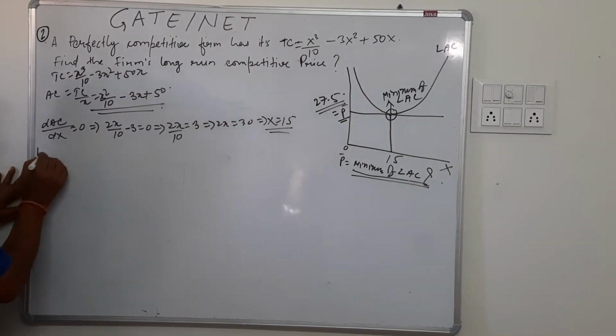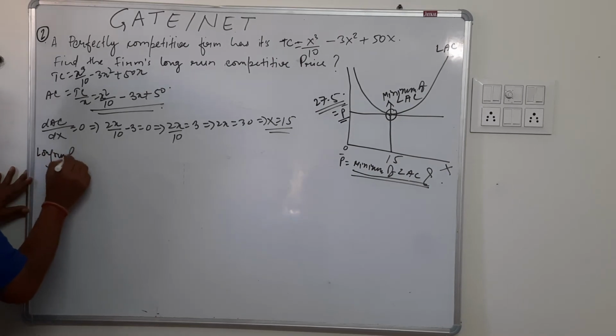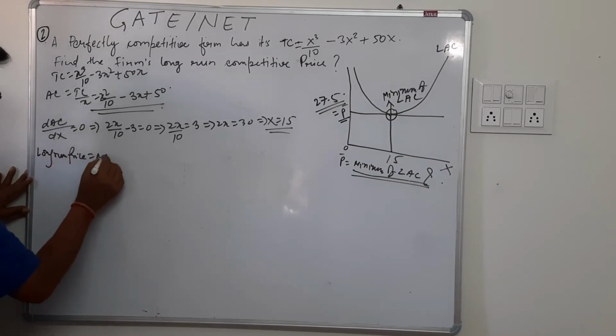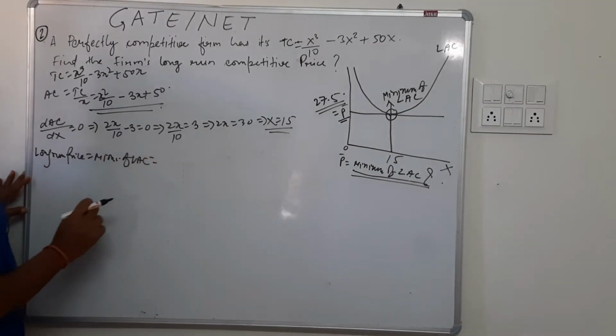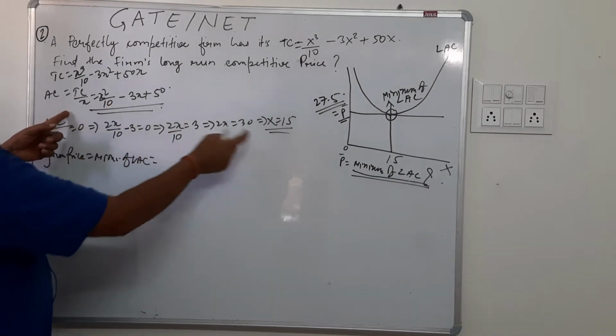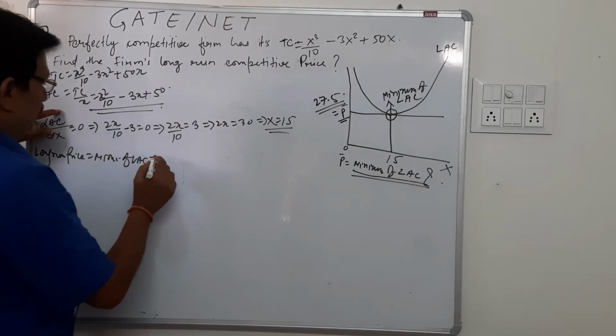So the long run price is the minimum of LAC, and for this, in the AC curve, this x of 15 has to be substituted.